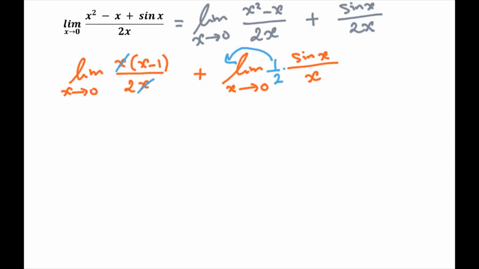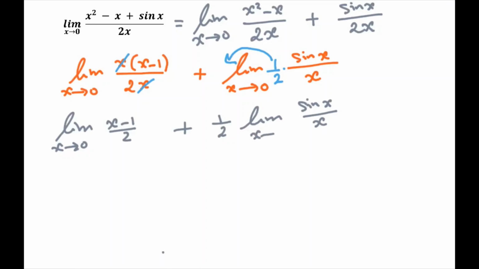Here we can cross out the x's, and that's going to be the limit of (x minus 1) over 2 as x approaches 0, plus 1/2 the limit of sine x over x as x approaches 0. Now, we all know that this is 1, and 1 multiplied by 1/2 is going to be 1/2.